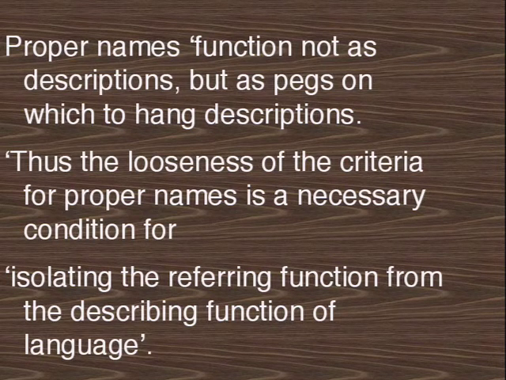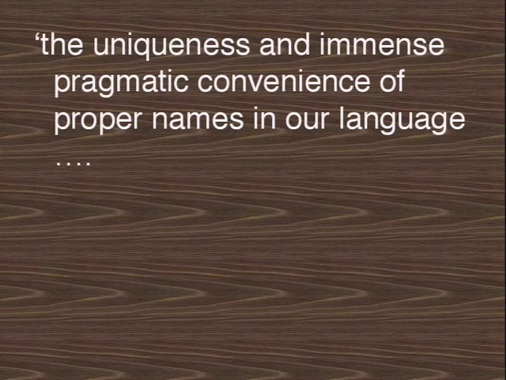Searle says the uniqueness and immense pragmatic convenience of proper names in our language. I mean, Frege makes it sound as though if you eliminated all the proper names from the language, you wouldn't lose anything. You could do everything just as well, and in fact better, if you only had the descriptions.